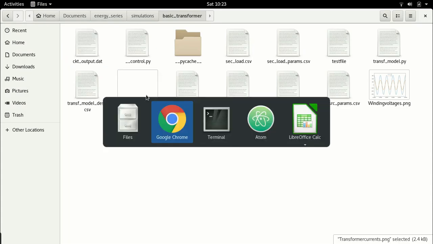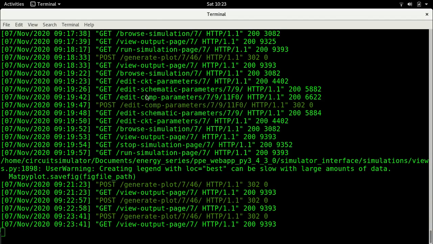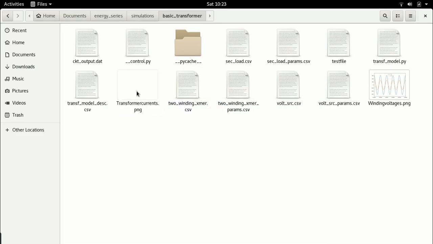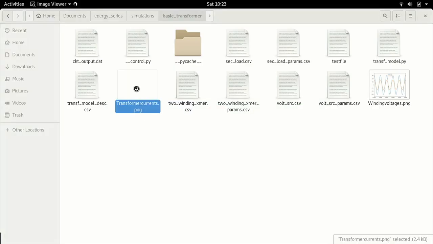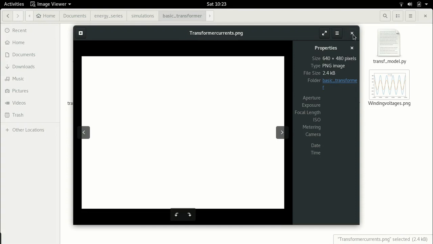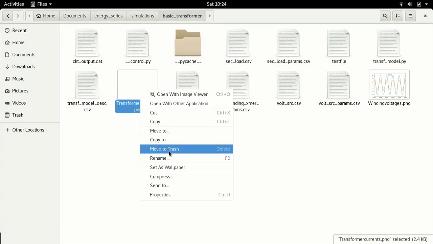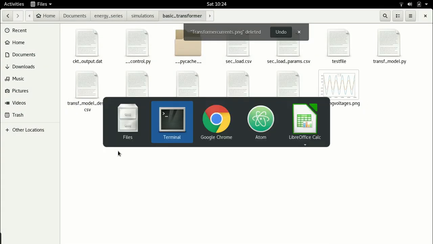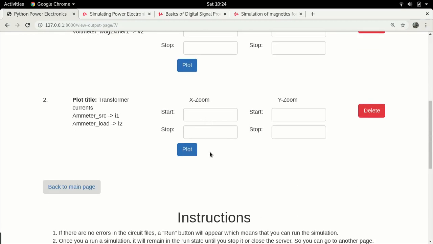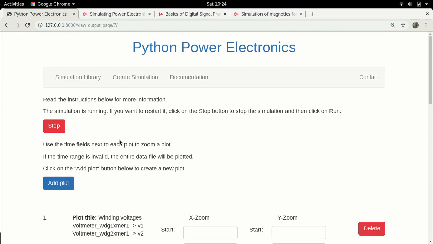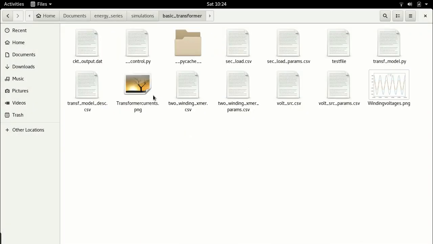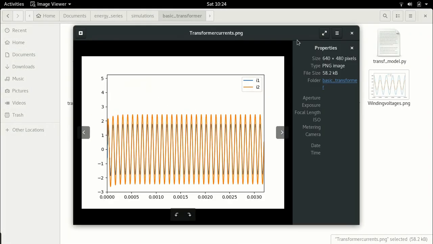There appears to be a bug in the code. Let me see what happened to the command line. For some reason, this hasn't come at all. There has been a bug. So this might be a bug with matplotlib. I'm not sure what actually causes it. Maybe it's too much data, but let me plot it again. Yeah, now it's back again.